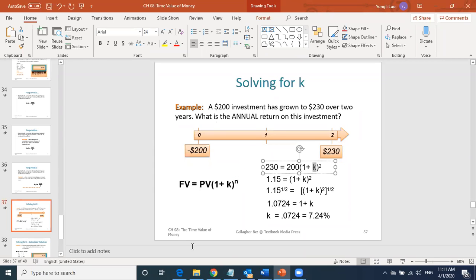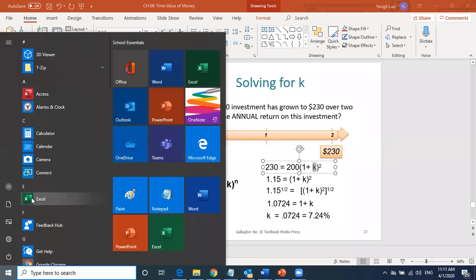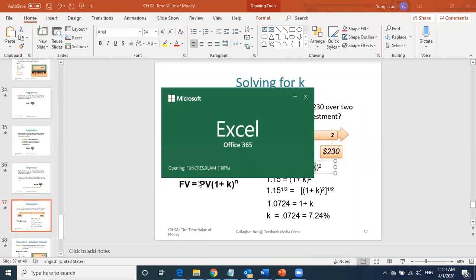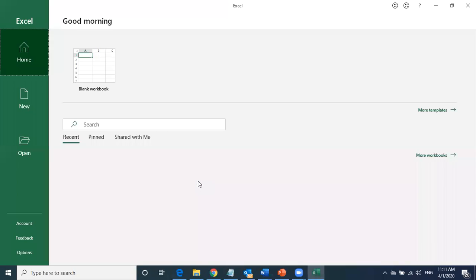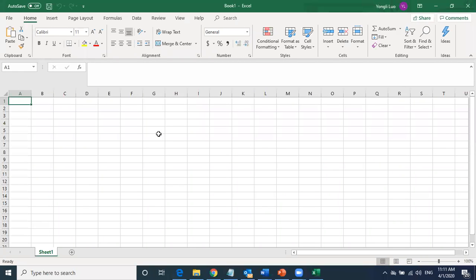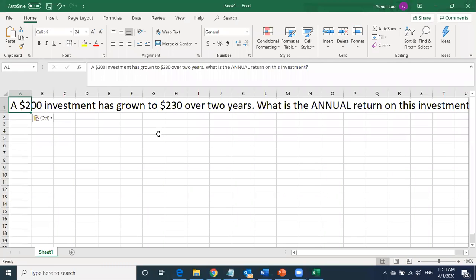For this question I will introduce another function we typically use in an Excel spreadsheet. So when you open the Excel spreadsheet, let's say you type the question: what's the annual return?